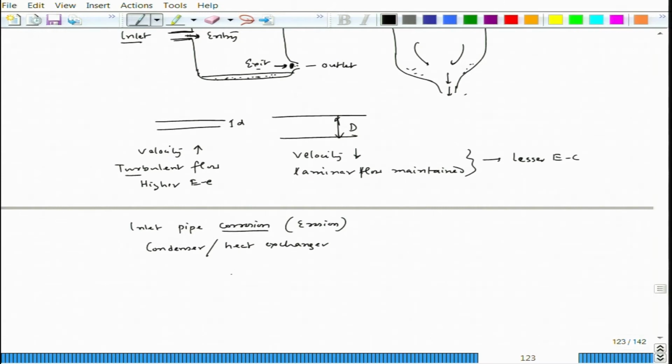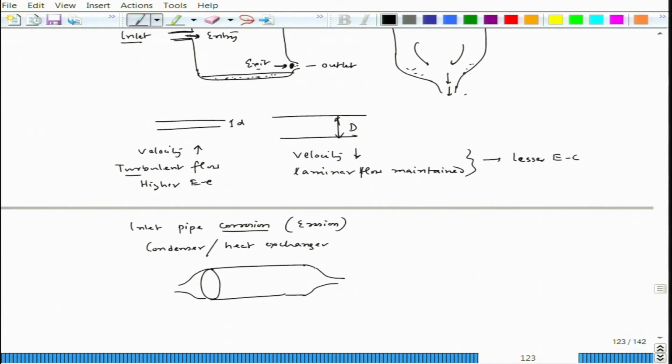So, what it is basically, now we have this design, a condenser or heat exchanger. This is a circular tube, fine. Now, in one end, so this is the other end, fine.